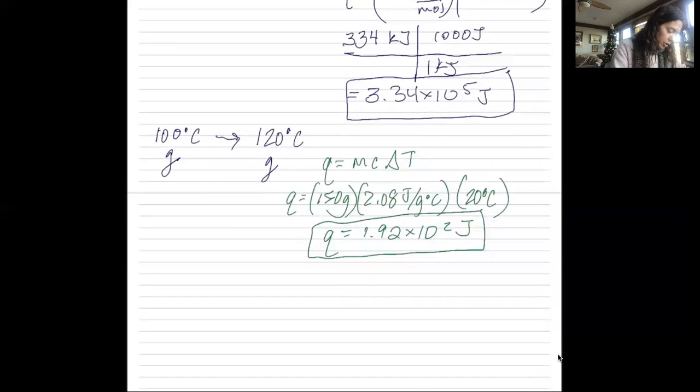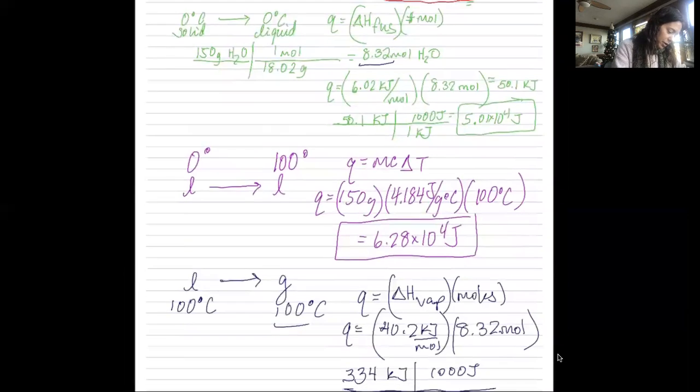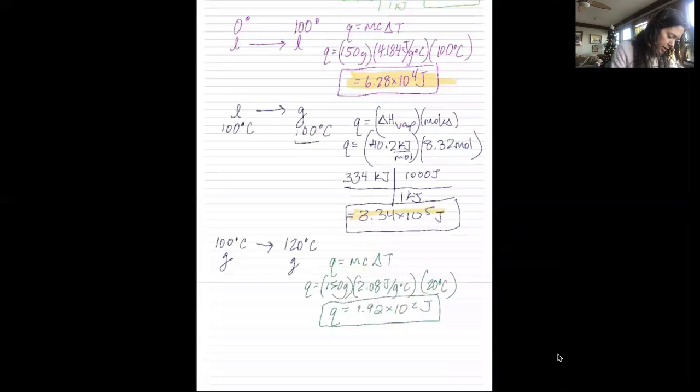And in order to get my final answer, I need to add up my individual answers. So I need to take this 6.15 with an exponent of 3, add it to this, plus 6.28 with an exponent of 4, add it to this, which is 3.34 times 10 to the fifth, and then add it to this.